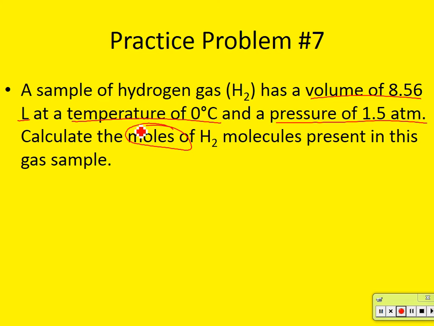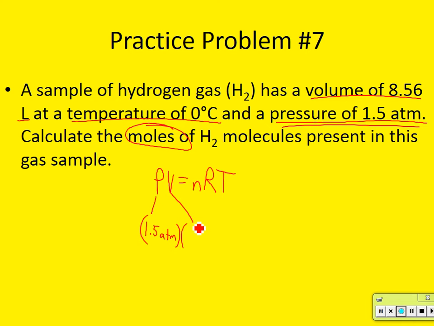Now we're learning about the ideal gas law. What was the equation, guys? PV equals nRT. Now let's plug in. What was pressure? 1.5 atmospheres, it said it right here. So pressure of 1.5 atm.